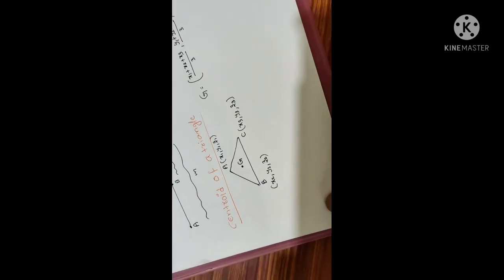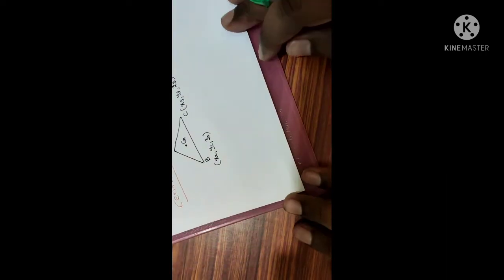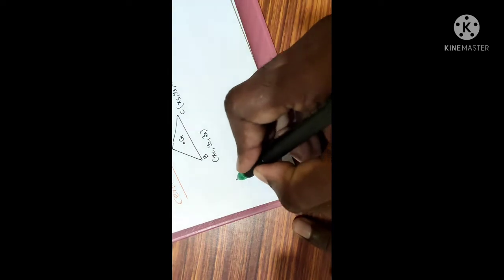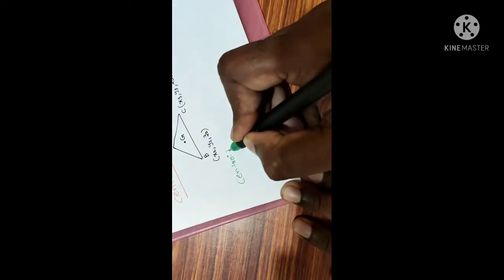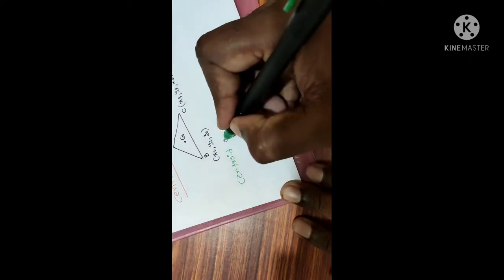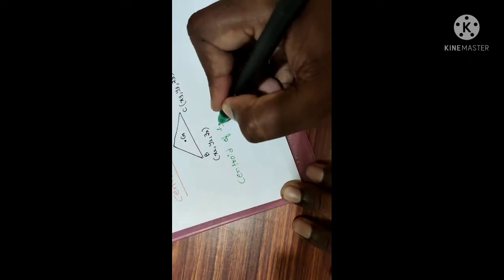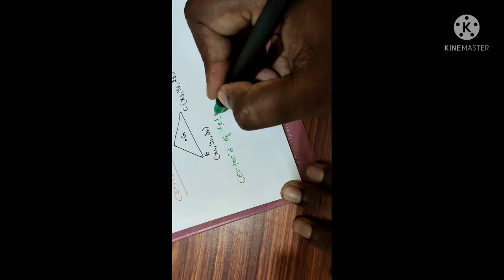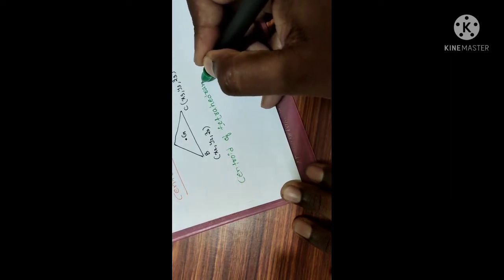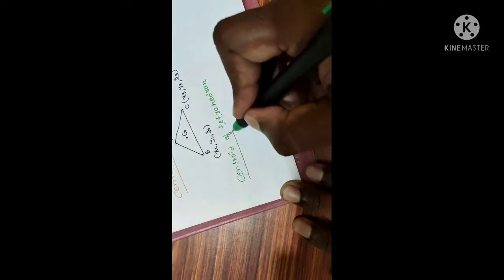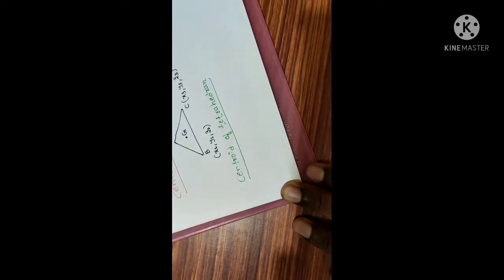Next, we will discuss the centroid of a tetrahedron. What is the formula for the centroid of a tetrahedron? A tetrahedron has 4 vertices.